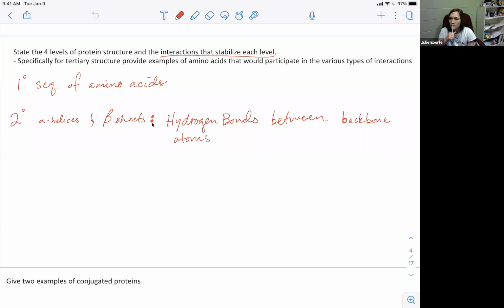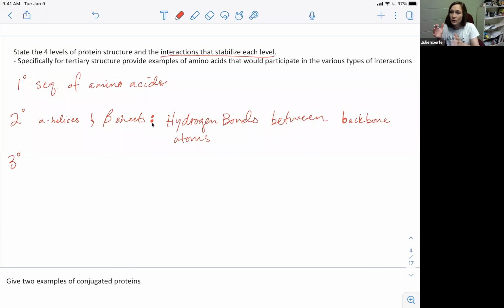What's the next level? Tertiary. Yes, tertiary. I think I heard more than I heard Madison say that. Tertiary is when, so we know proteins have the primary sequence of amino acids in this chain. And then the chain begins to fold together into alpha helices and beta sheets.